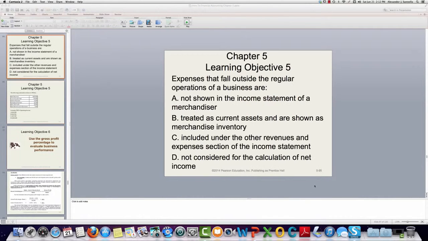So looking at this just in summary, perpetual versus periodic.